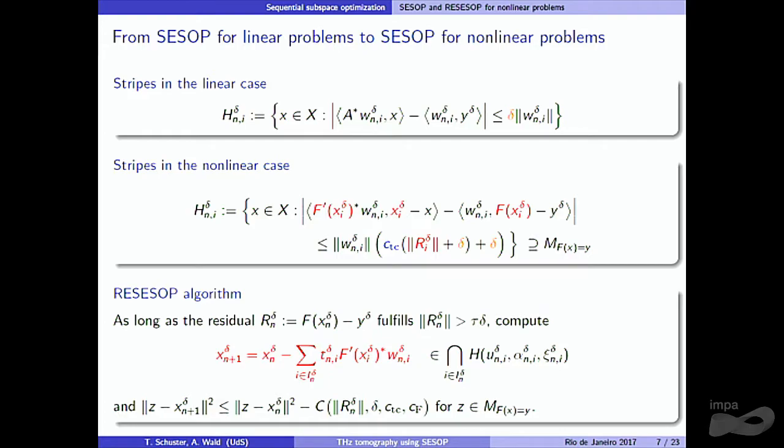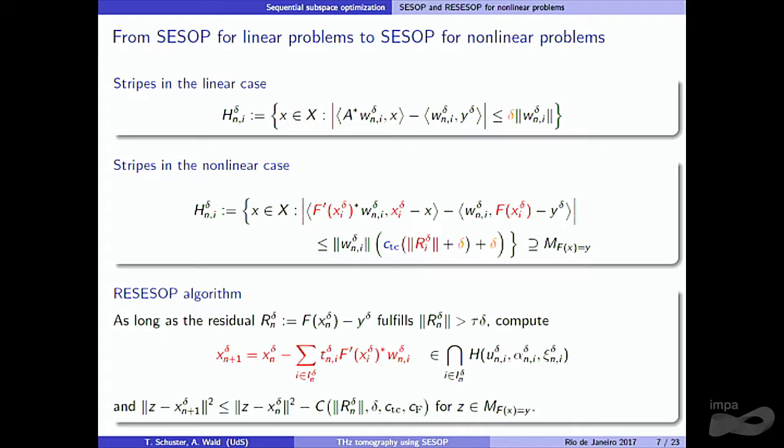As long as this principle is not satisfied, so if the norm of the residuum is bigger than tau times delta, where tau is a tolerance parameter, then we compute the next iterate by using the old one and a linear combination of these search directions, where the search directions are all in the image of the adjoint of the Fréchet derivative.